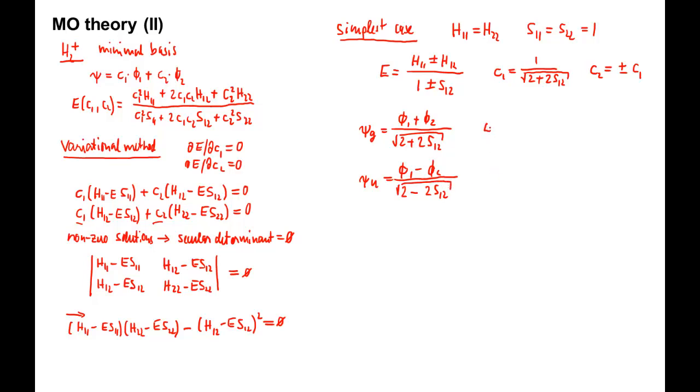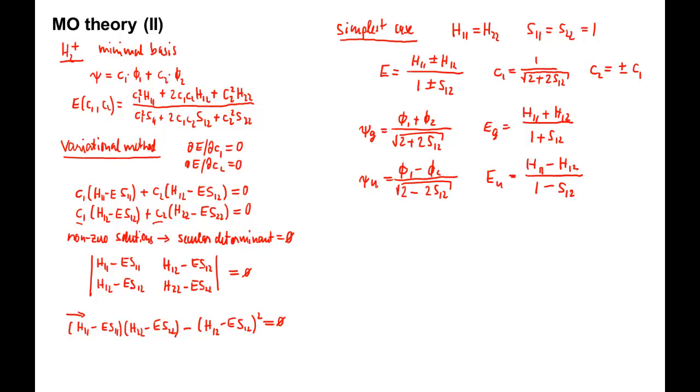The associated energies are Eg equals H11 plus H12 divided by 1 plus S12, and Eu equals H11 minus H12 divided by 1 minus S12.